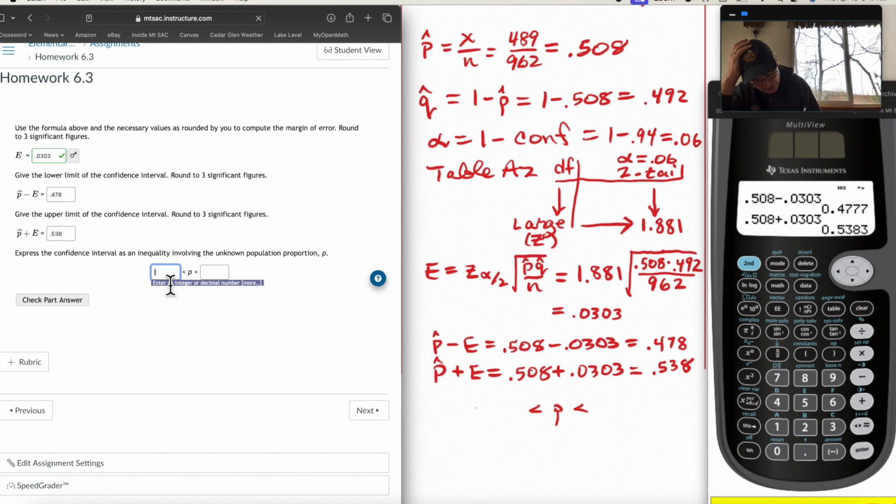So P hat minus E and p hat plus e. So we're saying the population proportion should be between 0.478, which will be 47.8%, and 0.538, which is 53.8%.